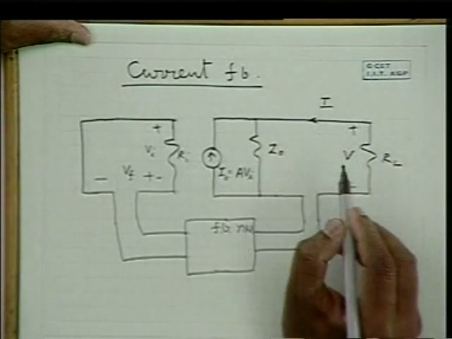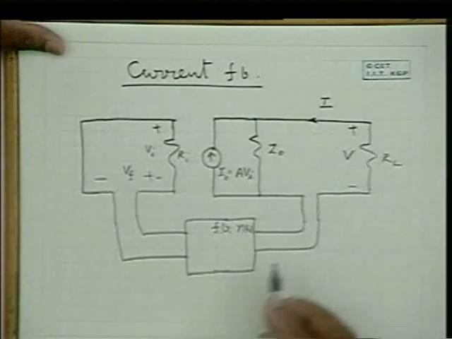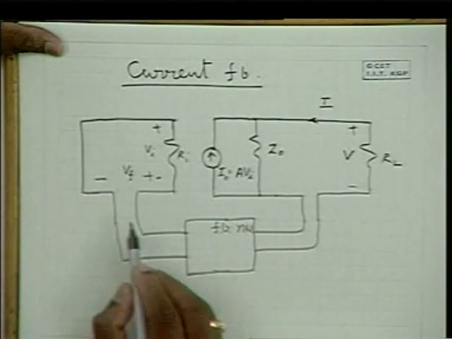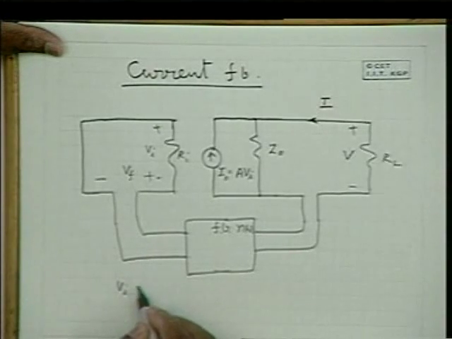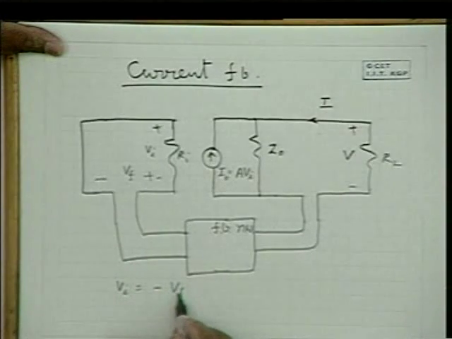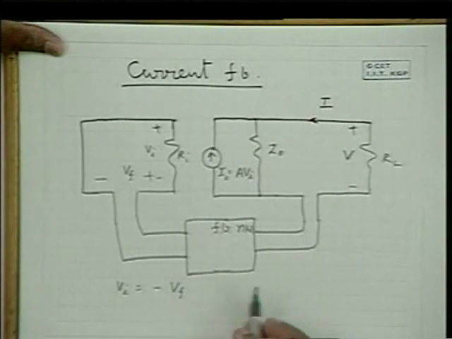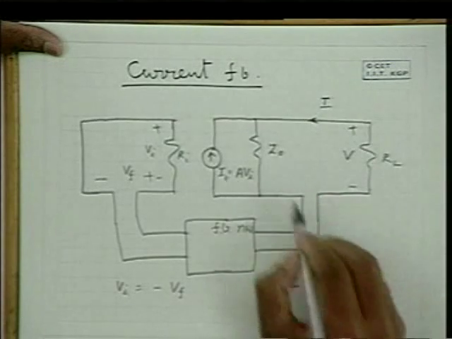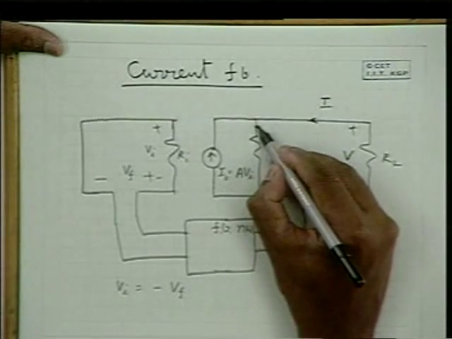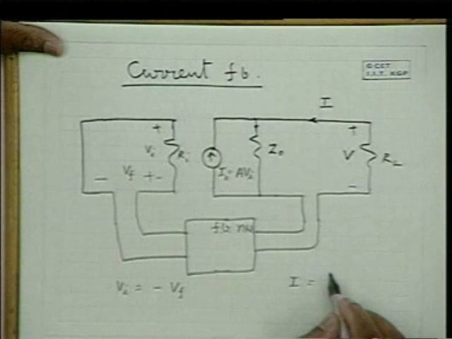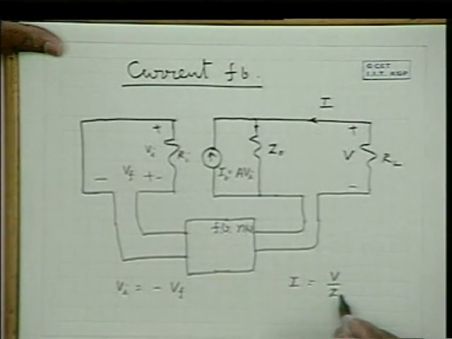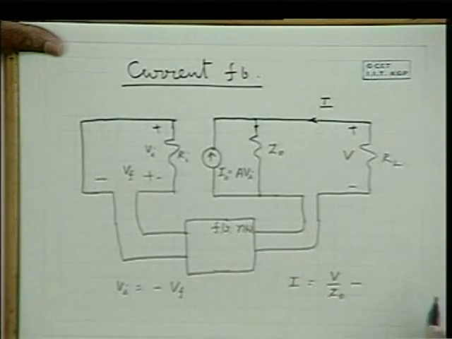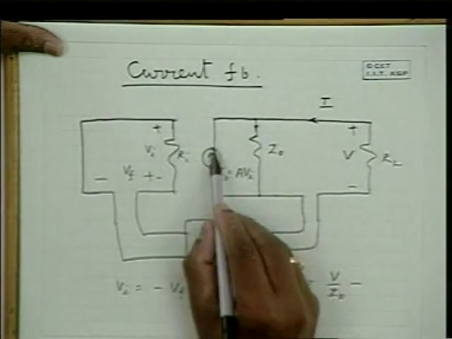And now this current is equal to, so here Vi is equal to minus Vf, and this current I is equal to, naturally, V by Z0, the current that flows through this output impedance Z0. So V by Z0 minus I0, because this current is coming out.